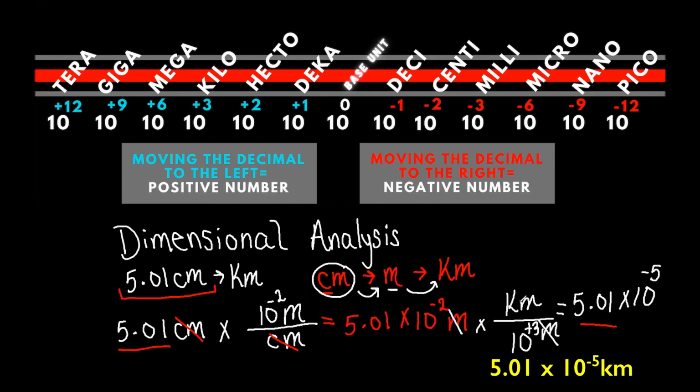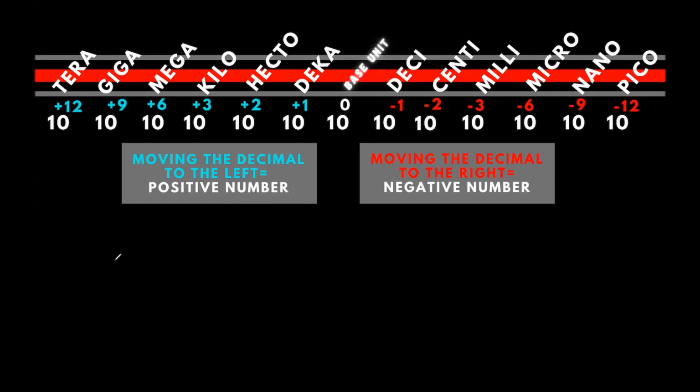Now let's go ahead and double check this using the previous way that we used to solve it. So we have 5.01 centimeters, and we're trying to go to kilometers. Centi has a -2 exponent.